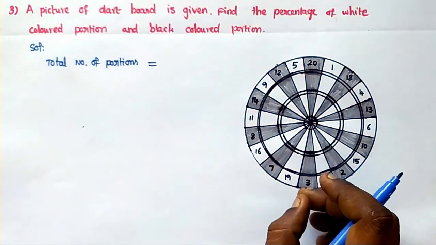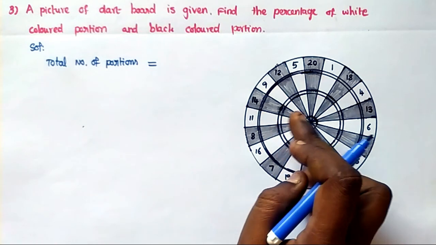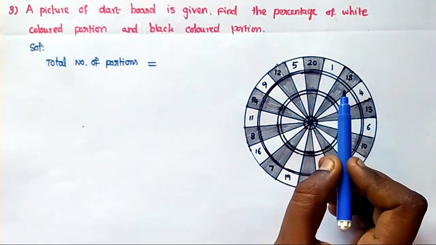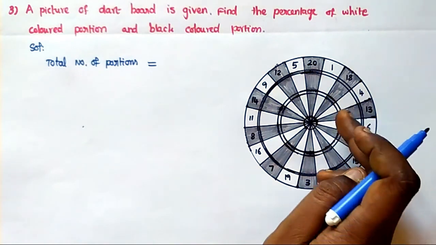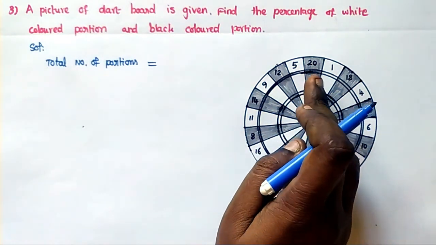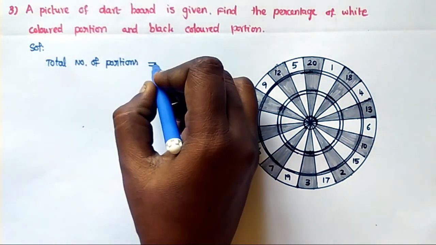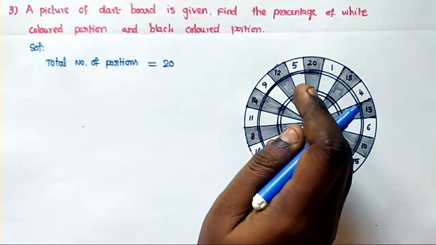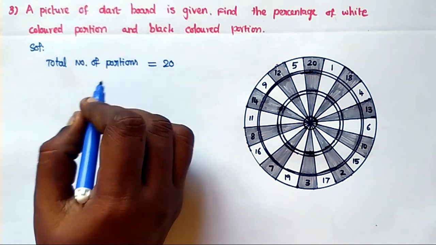They are divided into portions. How many portions are there? They have given the number 20. So 1, 2, 3 is there. So 20 is the highest number. So that is the total number of portions.